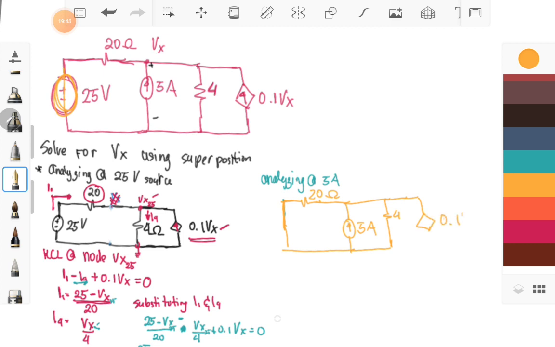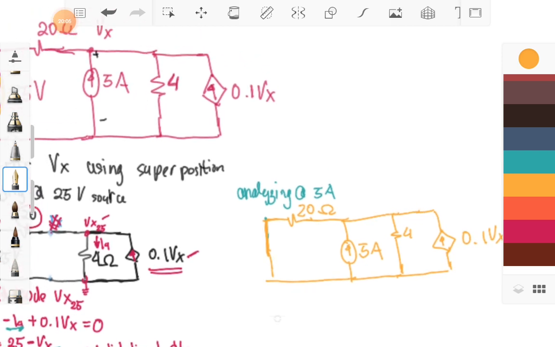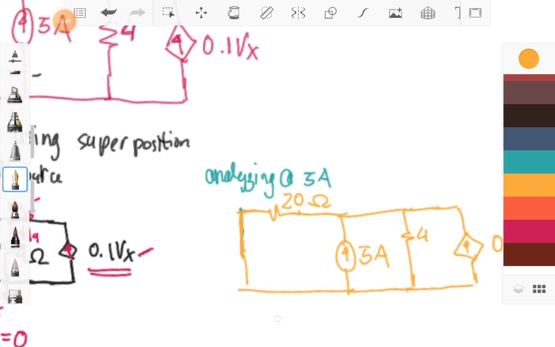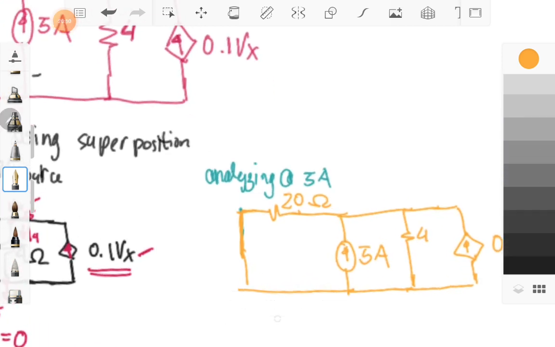Mapapansin nyo, hindi natin pinapatay ang dependent source, because actually this dependent source does not provide power energy alone. Ang nagpro-provide lang is your independent source, because your dependent source will be dependent on the passive element wherein it is dependent to. So this will be our positive and negative Vx.